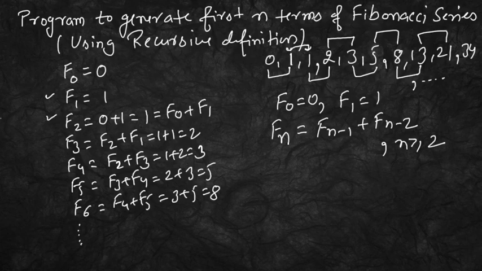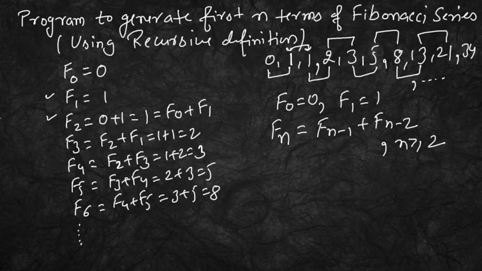So whenever, the first term will have value 0 and the second term will have value 1. These two terms we have to define, and the rest of the series is generated by taking the sum of the previous two terms, and so on. We get the Fibonacci series.